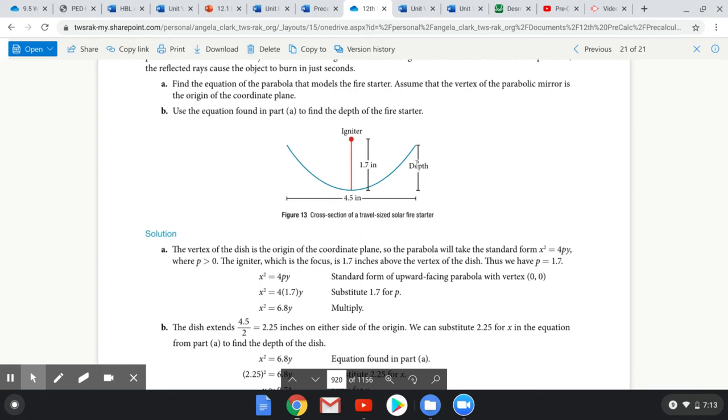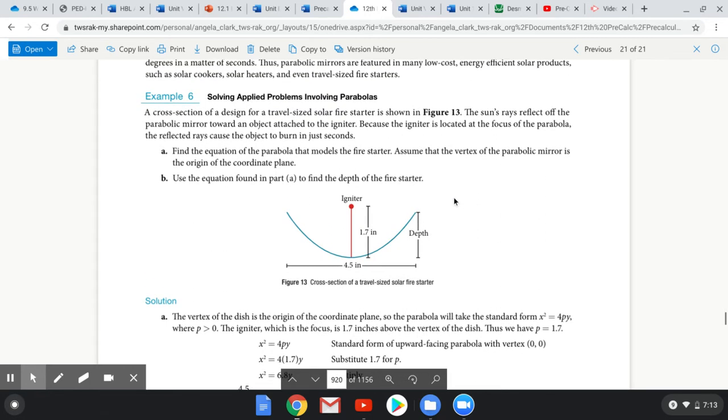It's labeled on the picture. So that's this distance here. We'll talk more about that after we find our equation.